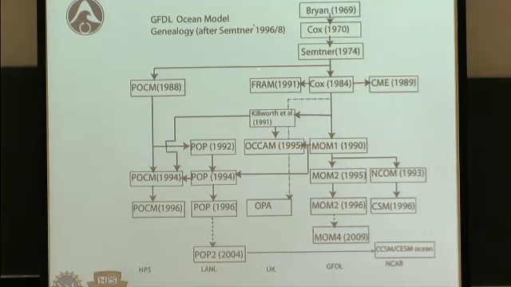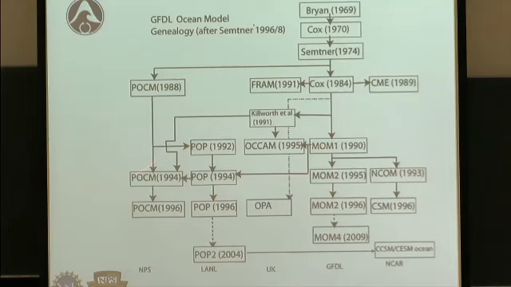You have this set of ocean models that are primarily the basis for all ocean models, I think: the Brian Cox and then Bert Sentner's work, from which these others have derived.